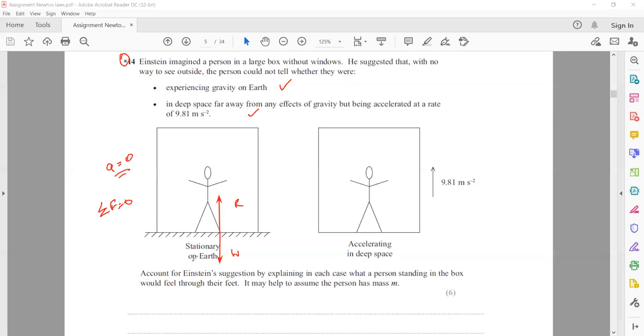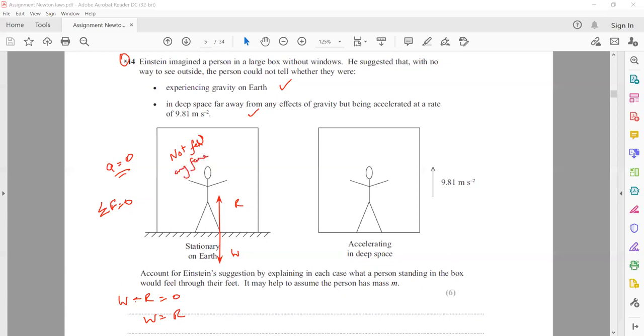If the resultant force is zero, we can say W minus R is equal to zero, or W is equal to R. So the resultant force on the object is zero. When the resultant force on the object is zero, what happens? This person who's stationary on the earth will not feel any resultant force.